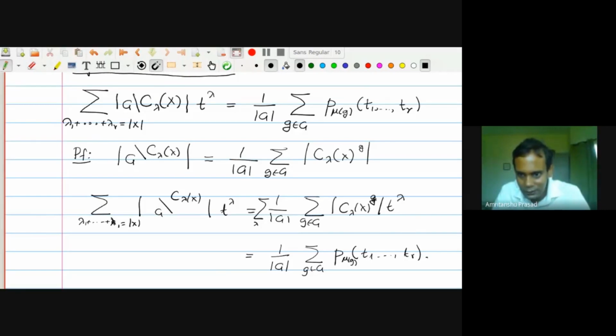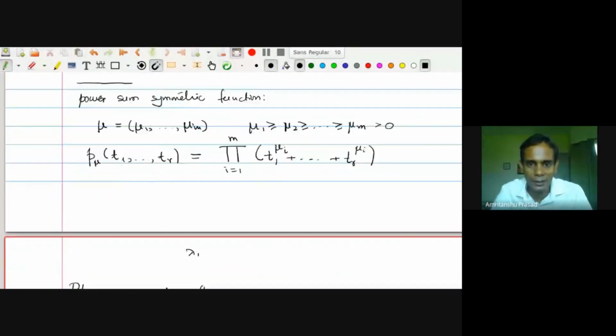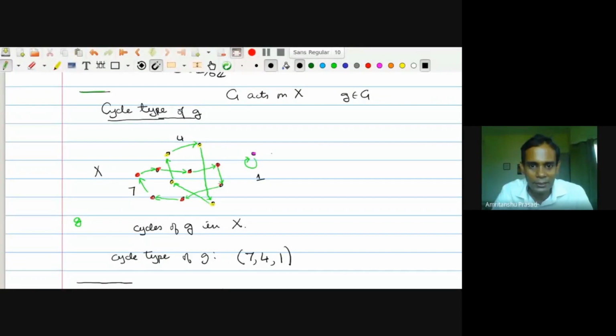Well, there were some comments here. Okay, there's one question which I missed. The question is from Anza Ansari. Is the cycle type 1 7 4 the same as 7 1 4? Yes, for cycle type we only care about the sizes of the different cycles, so we will always write it in decreasing order.